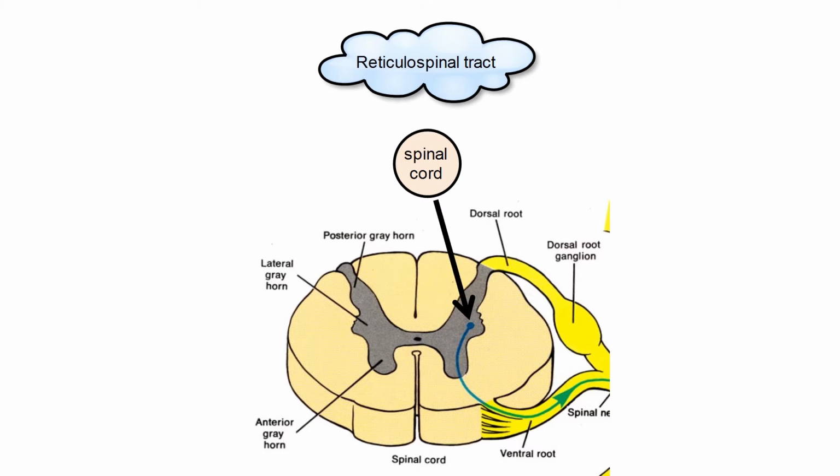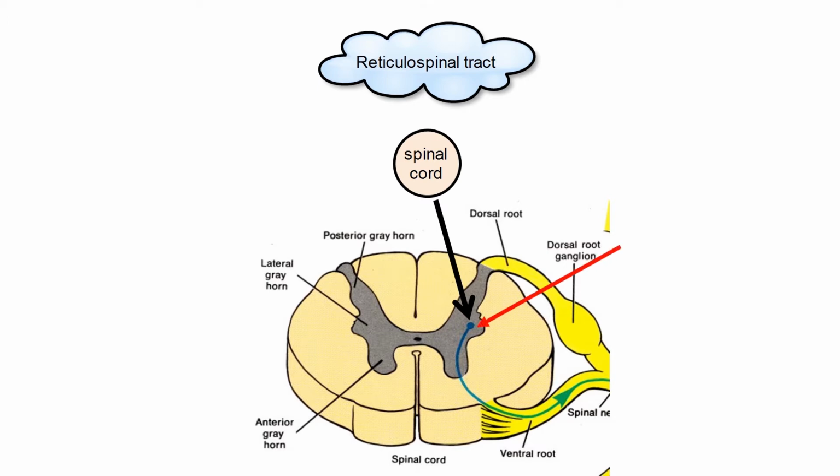Where do I find the lateral horn? It is from T1 to L2. So the first order neuron is going to end in this lateral horn containing cell bodies.